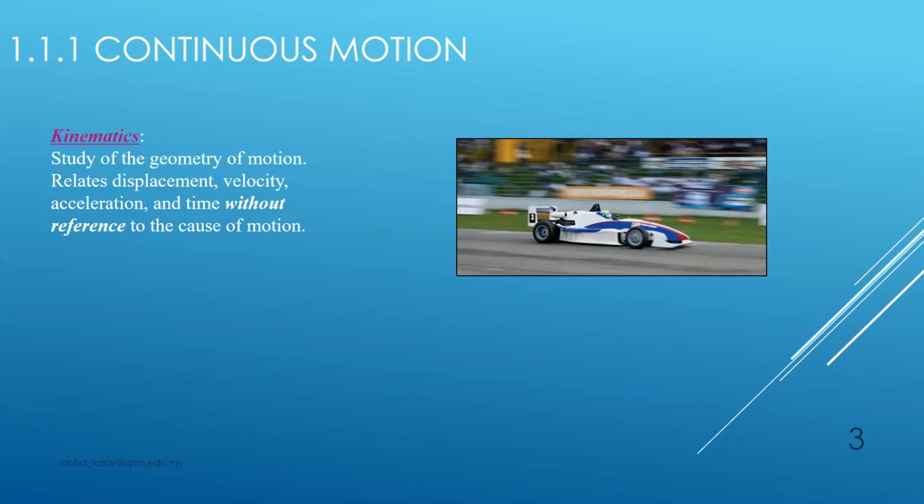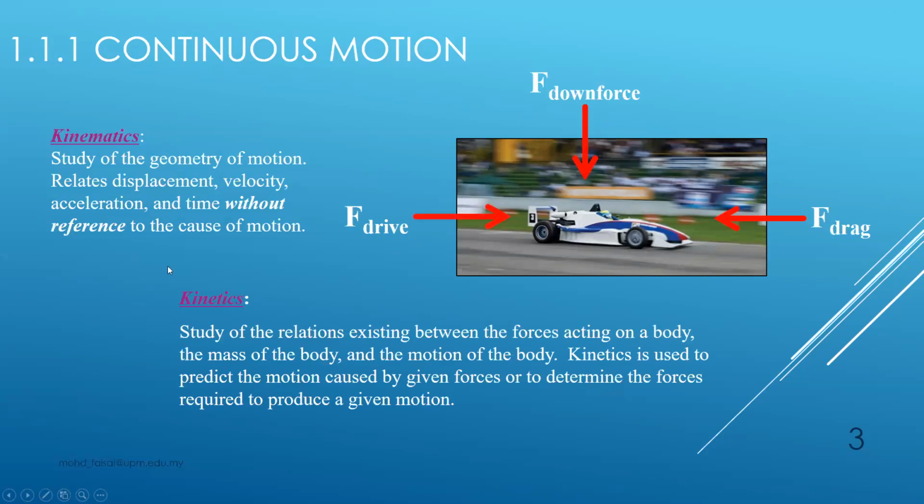Kinematics is the study of the geometry of motion, relating displacement, velocity, acceleration, and time without reference to the cause of motion. On the other hand, kinetics is a study of the relation existing between the forces acting on the body, the mass of the body, and the motion of the body.